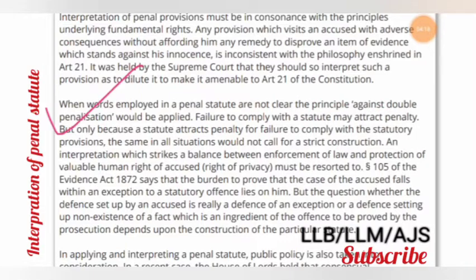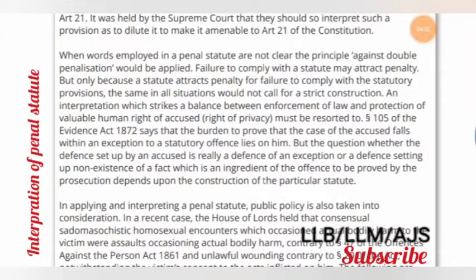Failure to comply with a statute may attract penalty, but only because the statute attracts penalty for failure to comply with the statutory provisions. The same in law situation will not call for strict construction, because these are penal statutes. These are of serious nature, so this must be construed in accordance with fundamental rights.